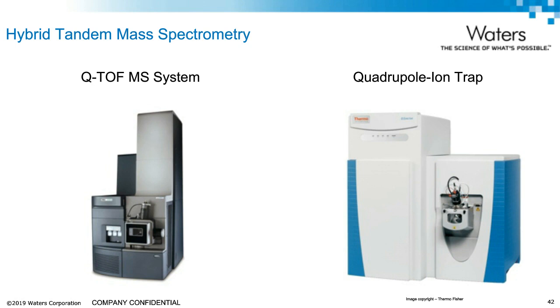This type of hybrid system was pioneered by Micromass in Manchester, England. Micromass is now part of Waters. Another example shown on the right is a quadrupole ion trap system, where the system uses a quadrupole in combination with an Orbitrap.